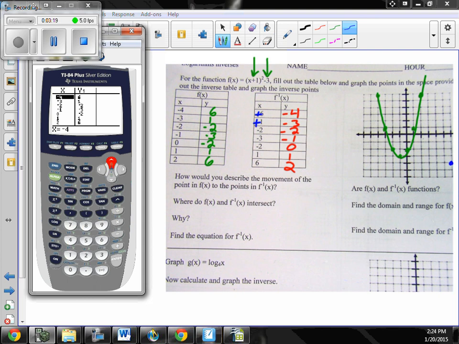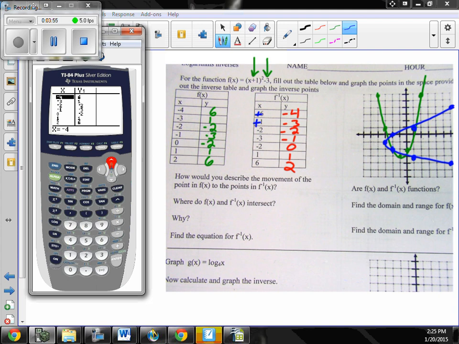That looks better. 1, -3. -2, -2. -3, -1. -2, 0, and then right here, and then right there. Okay. So that is the inverse of that parabola.